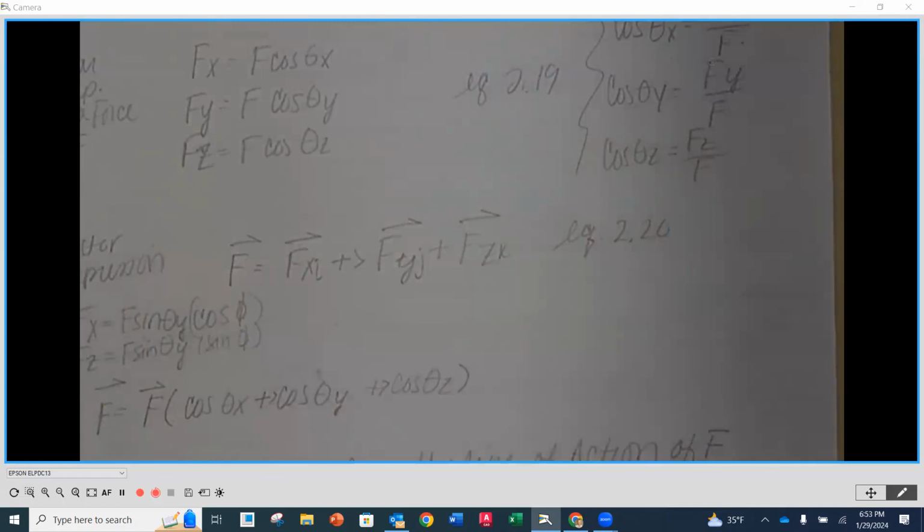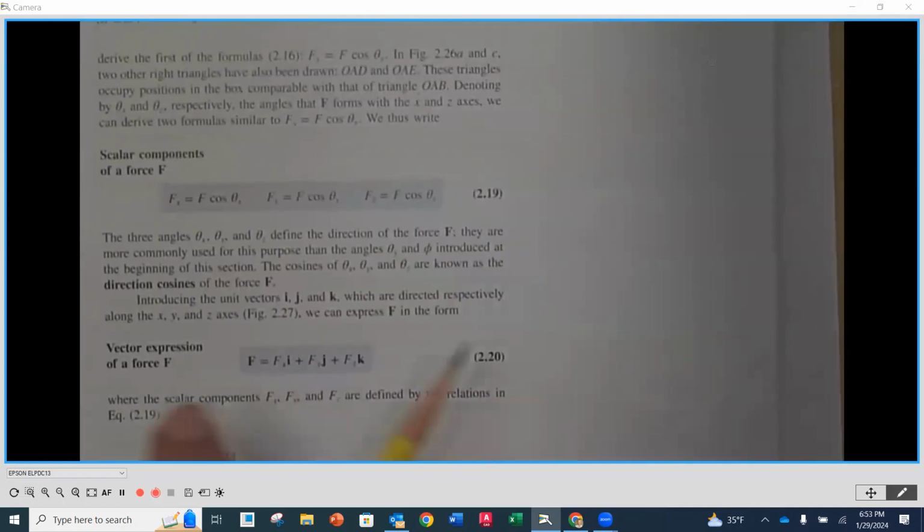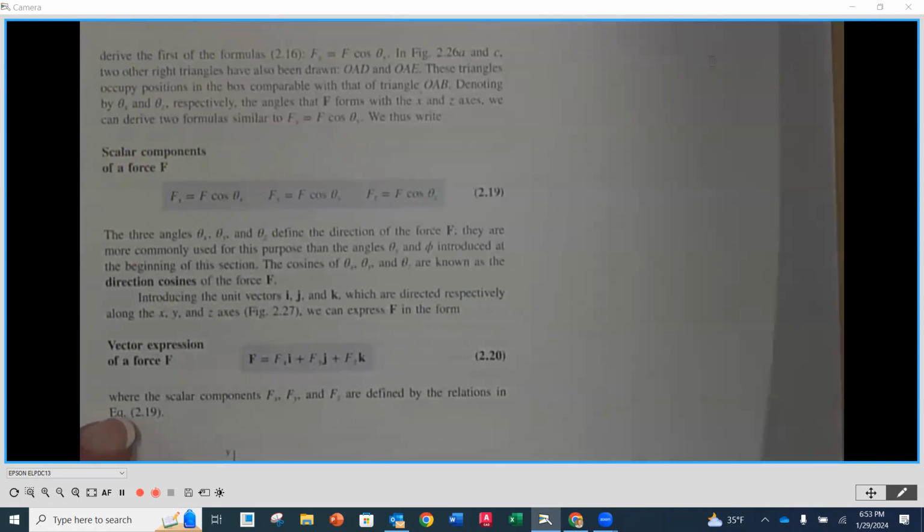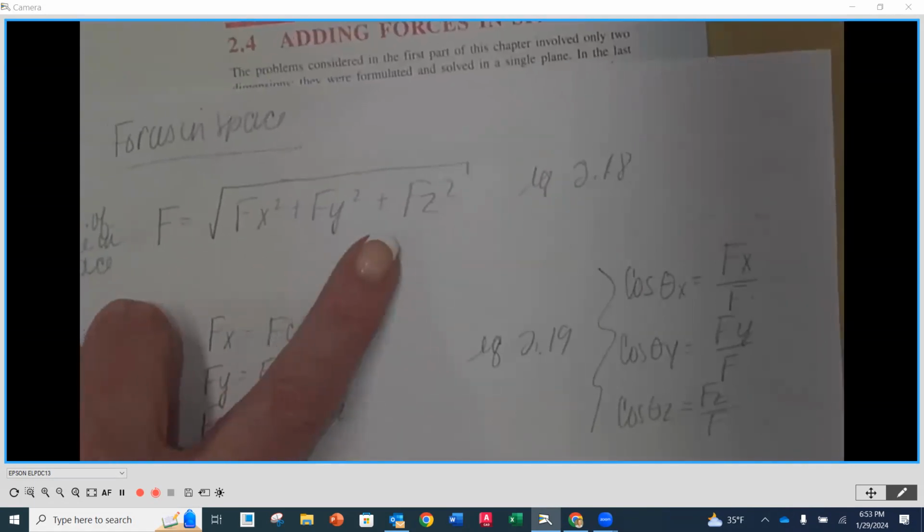So all this means is the I, J, K is that we're using vectors now to find the vector magnitude of that force. So when I have a vector, that means I have both magnitude and direction. So I'm not just worried about just the magnitude here anymore.